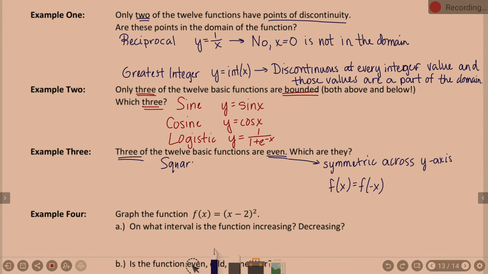What's the equation for that? y equals x squared. We said absolute value, which is y equals absolute value of x. And we said cosine, which is y equals cosine of x.